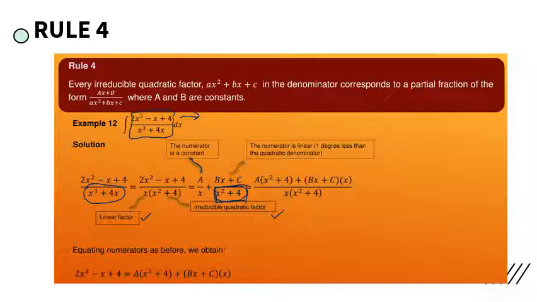So it is equal to this. We equate the numerators as before.